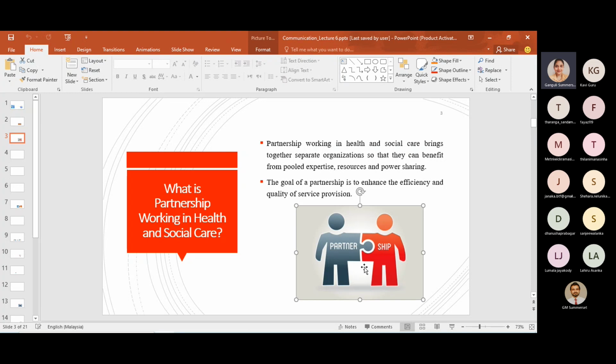Basically, we are doing teamwork, and in the process of doing this teamwork, we share certain things. So what are the certain things that we share? We share resources, we can share knowledge, we can share the benefits, the financial benefits we get. Likewise, we share these things during this process of partnership working.